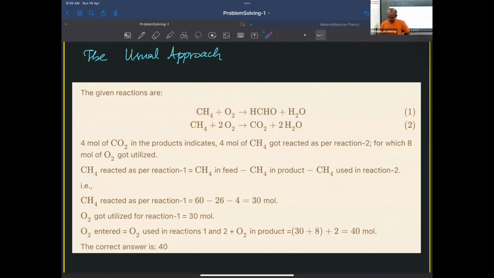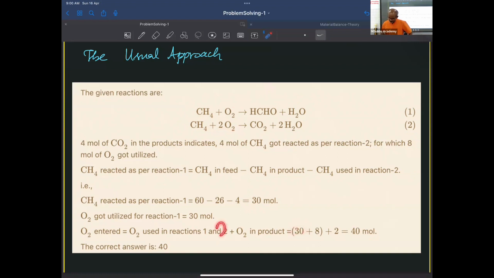CH4 undergoing reaction 1 is given as 30 mole, so for 30 mole, we need 30 mole of O2. You check for this stoichiometrically balanced equation, 2O, 2O. Okay, I think it is balanced. The second is also balanced. So for this, we have 30 mole.